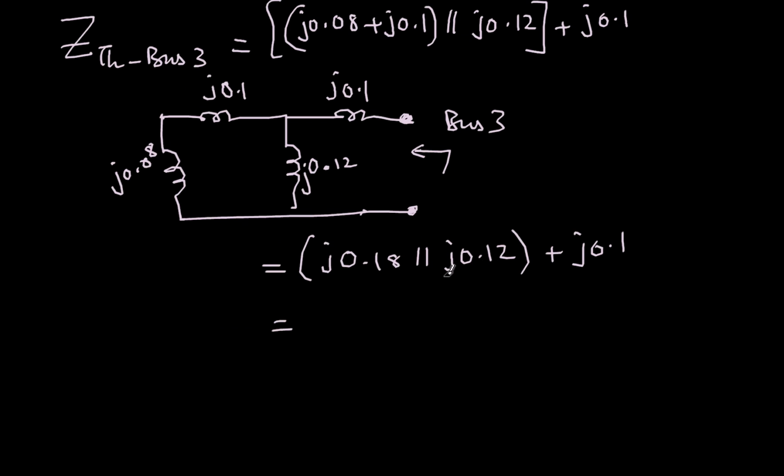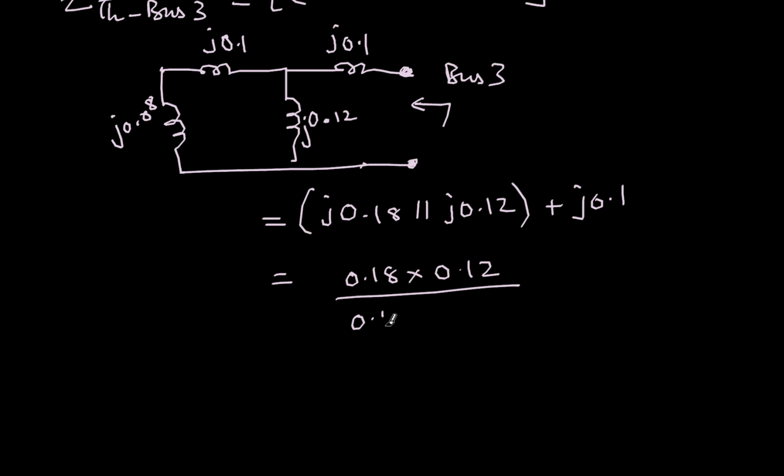Now what is the parallel combination of these two? 0.18 into 0.12 divided by 0.18 plus 0.12, and j can be taken common because in the numerator there will be j square, in the denominator there will be j, so one of the j will cancel, so I'll get j like this, and then this is the calculation.